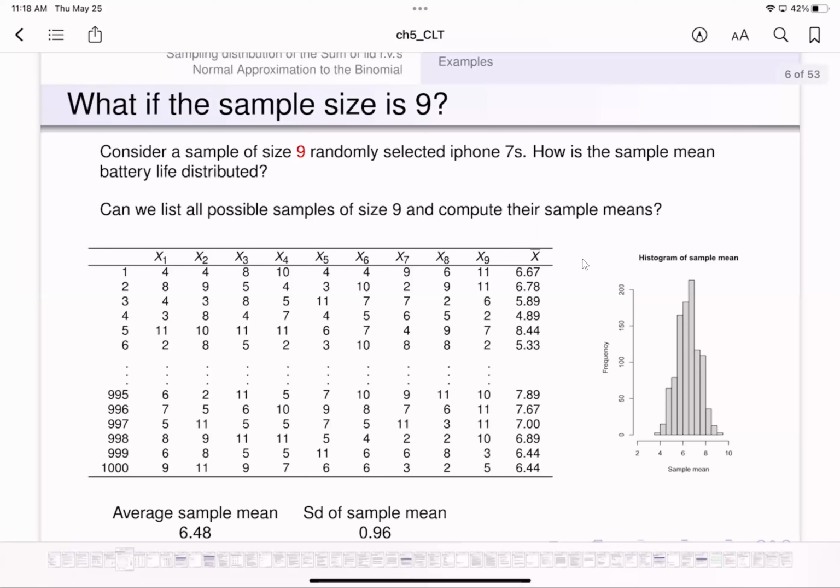Instead, most of them are 6, 7, or 5 something. And the histogram on the right-hand side also shows that the range now is smaller. It's about from 3 to 9 something. And if we look at the average of all these 1,000 averages, it gives 6.48. And the standard deviation is 0.96.